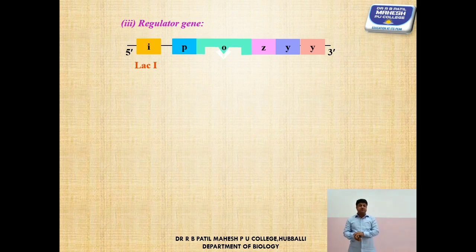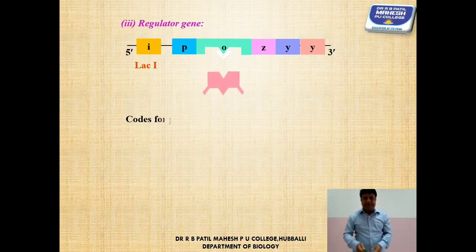What happens? The regulator gene undergoes transcription and synthesizes mRNA, and that mRNA is translated to synthesize repressor protein, and the binding site of repressor protein and operator gene are complementary.